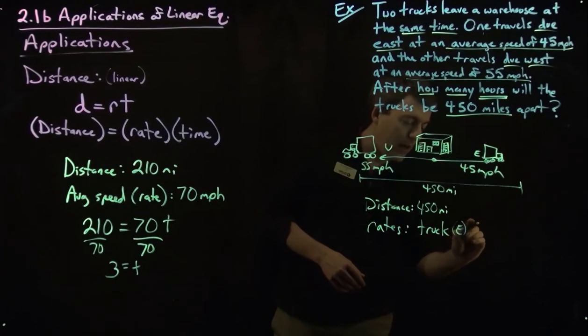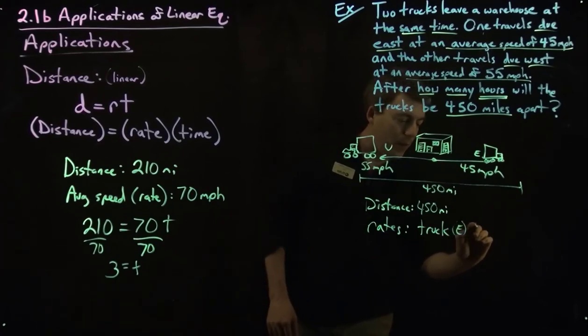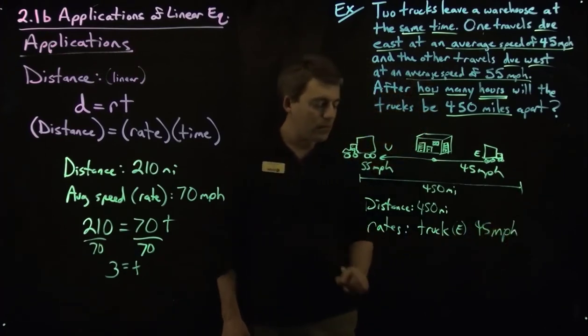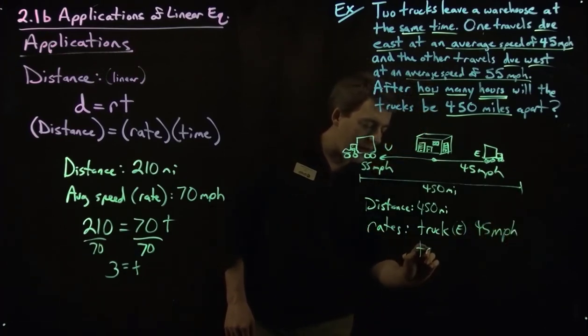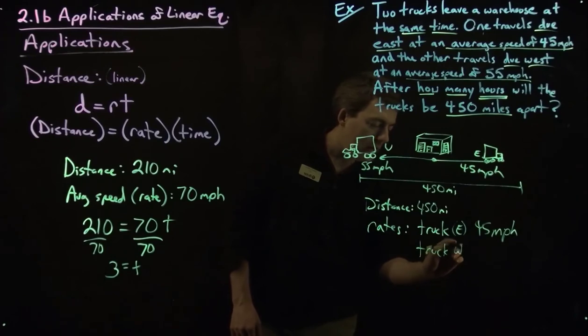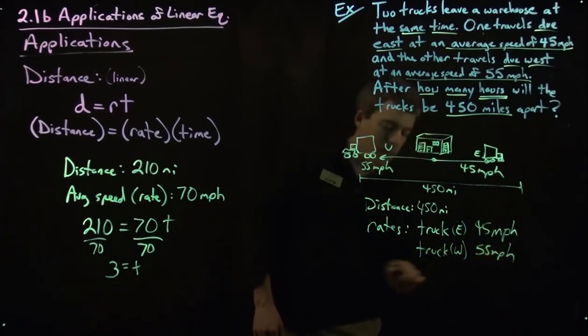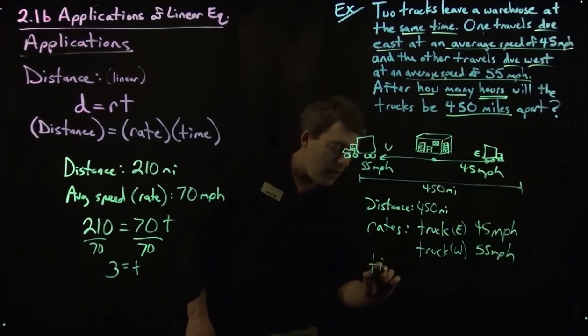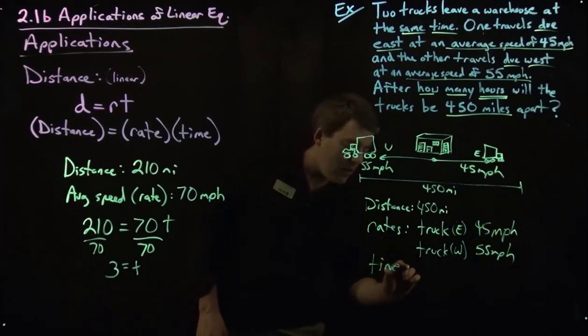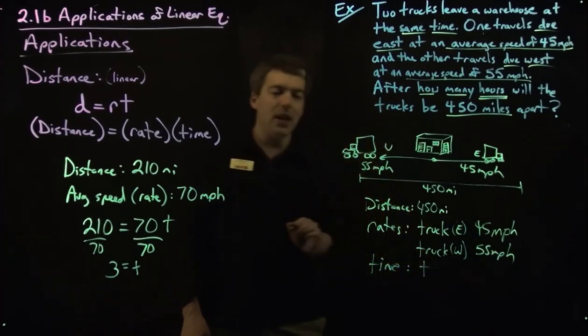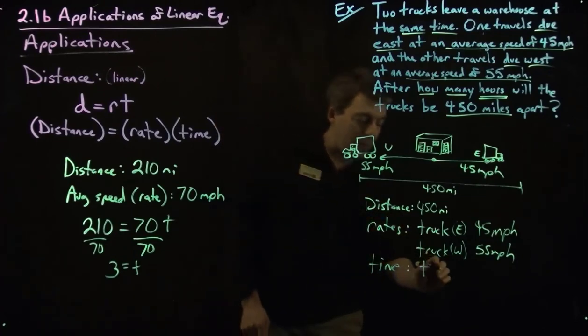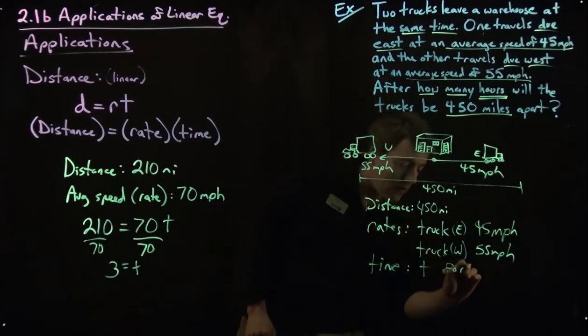Okay. Is going to have a rate of 45 miles per hour. And the truck going west, 55 miles per hour. All right, and the time is the same, so we'll just let t be that variable for both trucks.